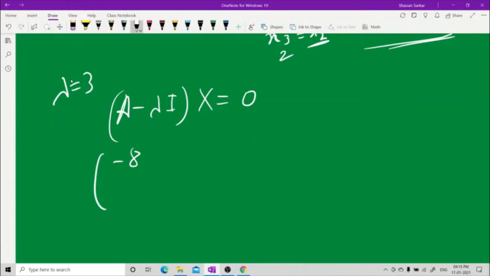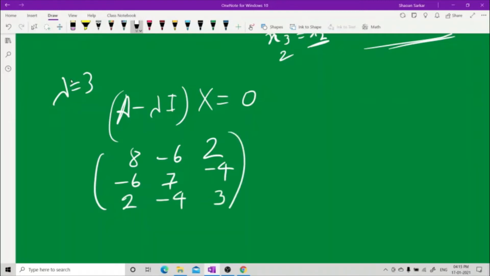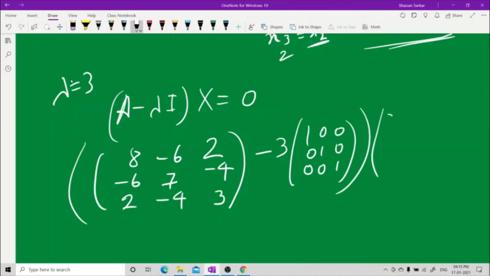A is plus 8, minus 6 and 2, and this is minus 6, 7 and minus 4, and this is 2, minus 4 and 3. Now see. Minus 3 times the identity matrix 1 0 0, 0 1 0, 0 0 1, and then you have your vector x1 x2 x3. Now this is going to be 0 0 0.